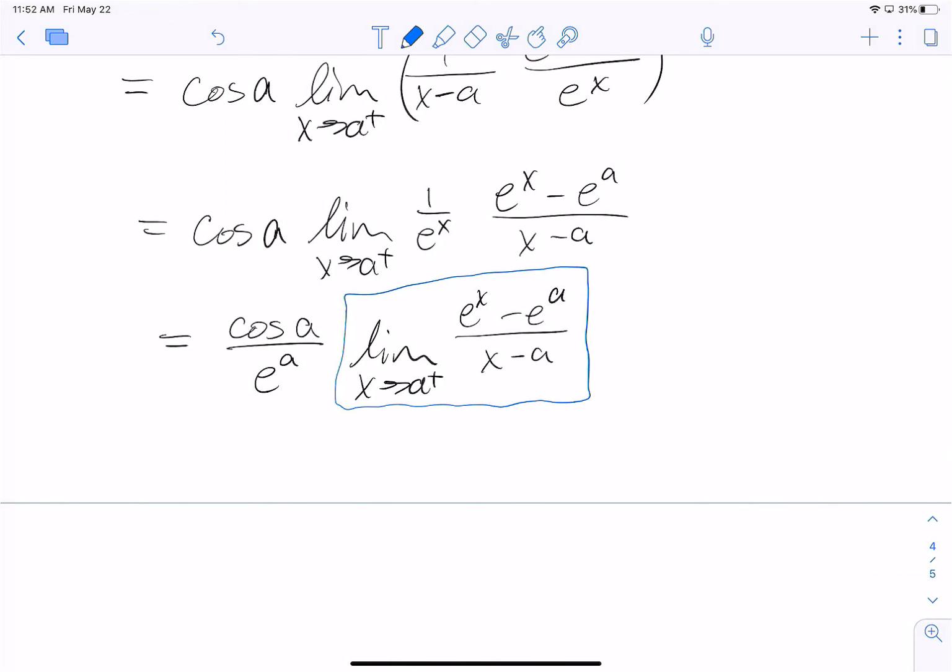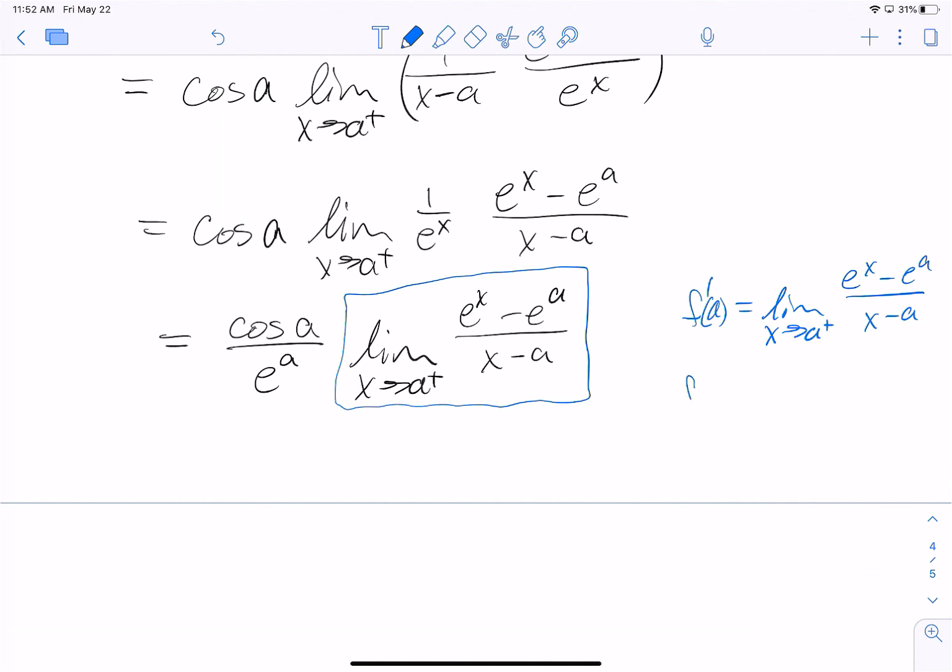Here's the answer though. f'(a) is equal to the limit as x approaches a of (e^x − e^a) divided by (x − a). And this would be true as x approaches a from either the positive or negative side. And so it's true even if x is approaching a from the positive side.